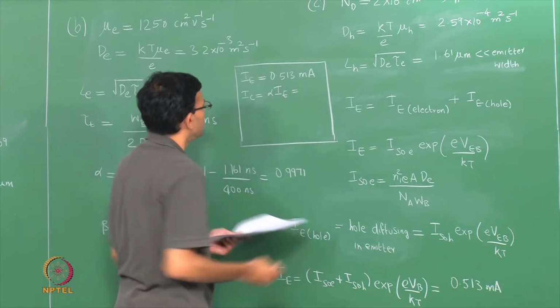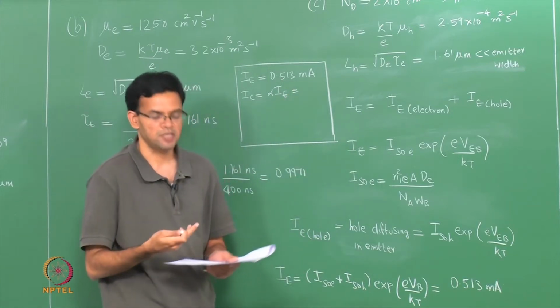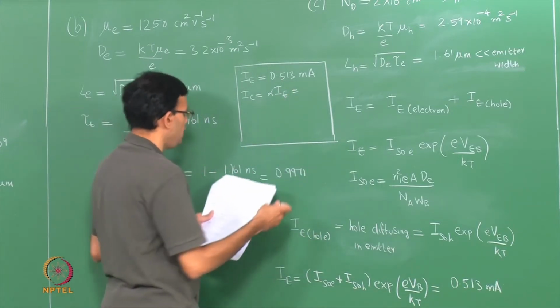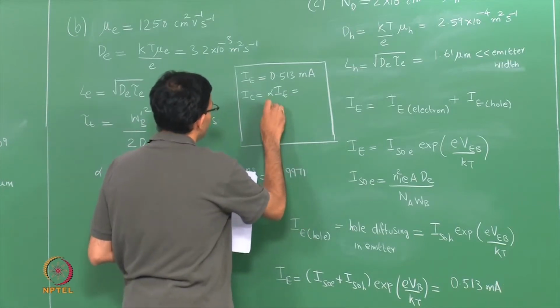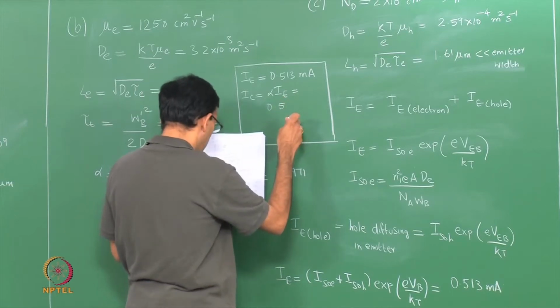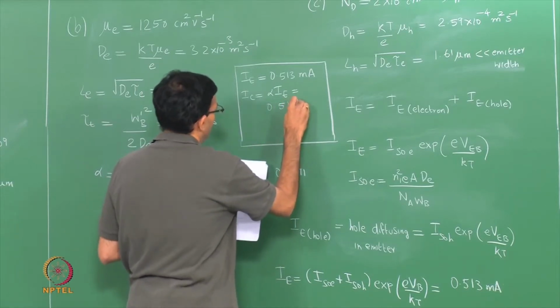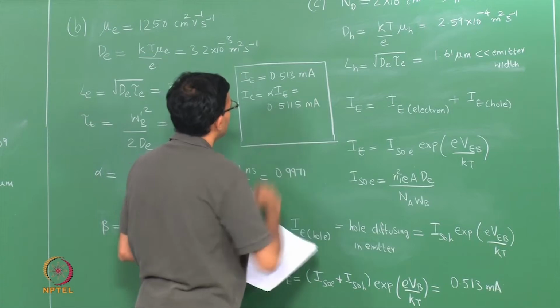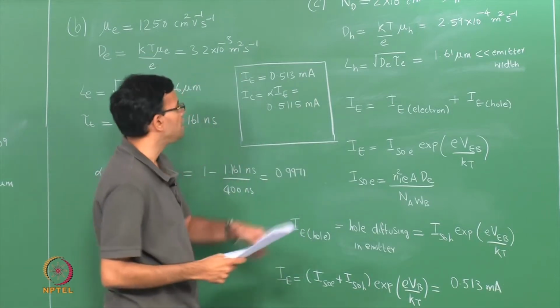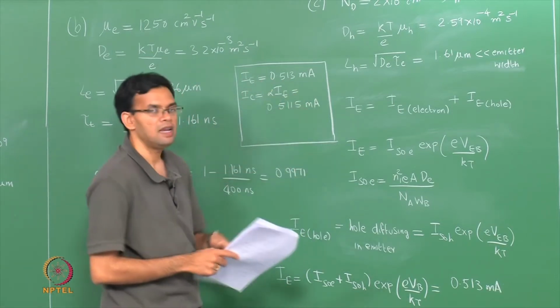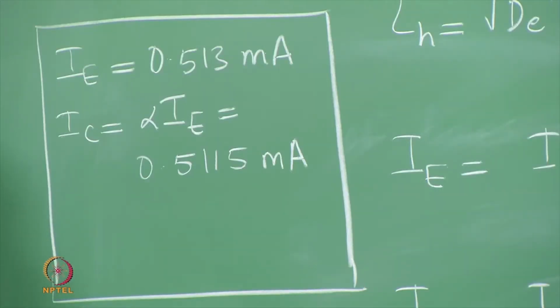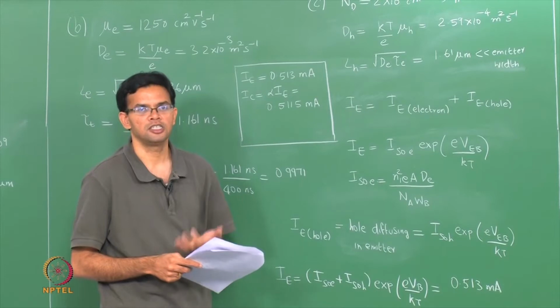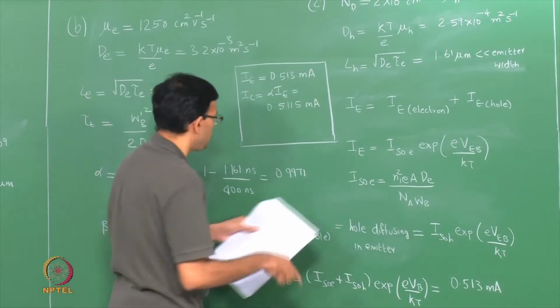So, we want to also calculate the collector current, that is given by alpha. So, IC is nothing but alpha times IE. Your alpha is the value of 0.9971. So, that this is 0.5115 milliamps. So, almost all the emitter current is nearly transferred to the collector. Small portion of the current is essentially lost in the base due to recombination.